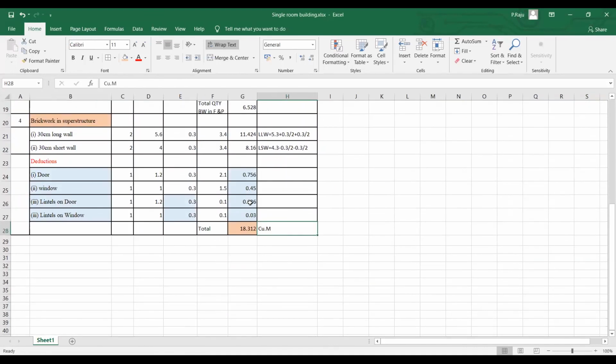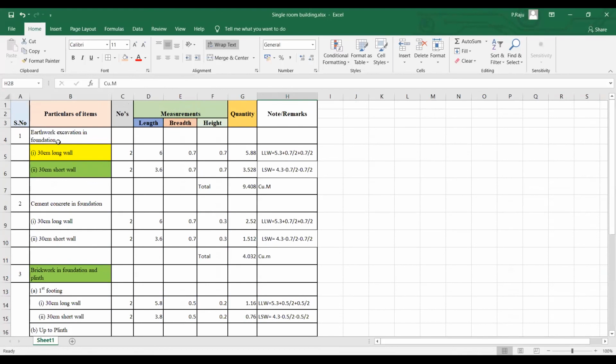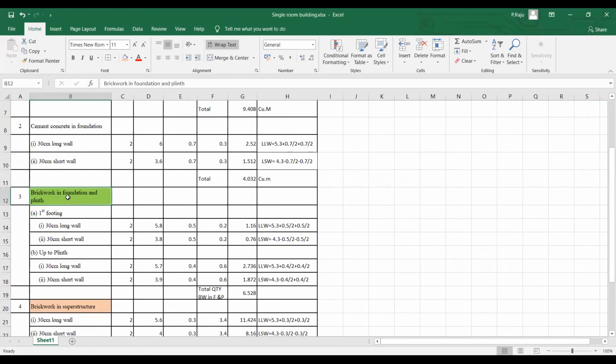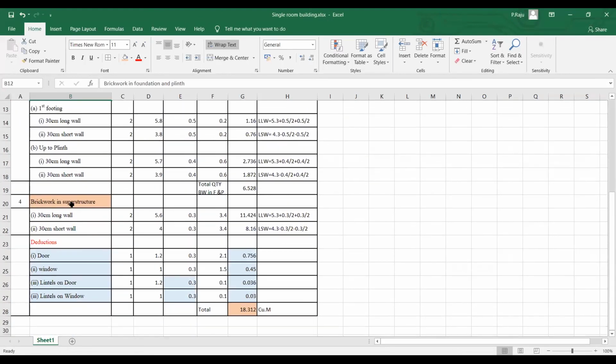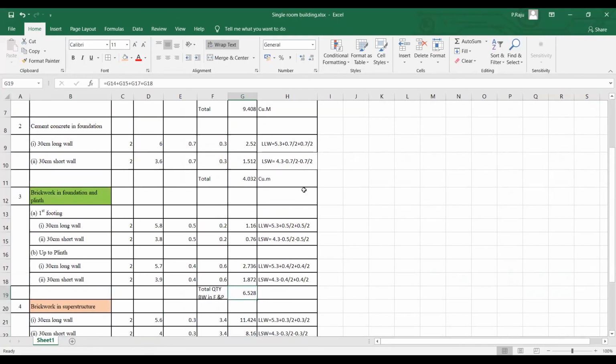So we have calculated earthwork excavation in foundation, brickwork in foundation and plinth, and brickwork in superstructure along with deductions. So these are the quantities obtained. Here we need not explain the cost part. Cost will be separately dealt with in rate analysis.